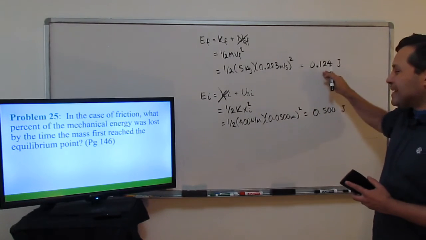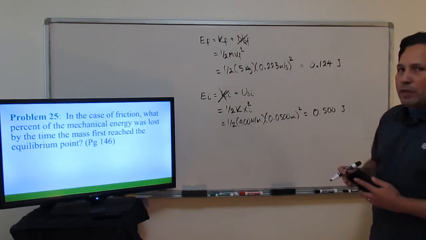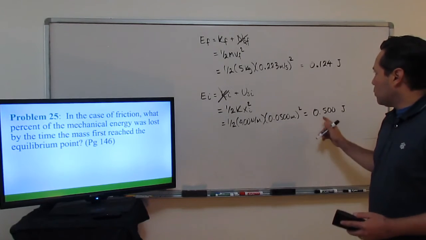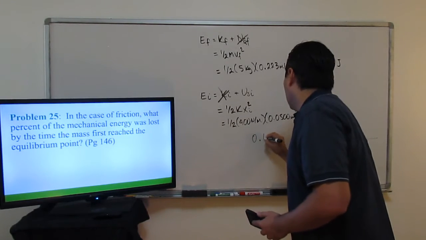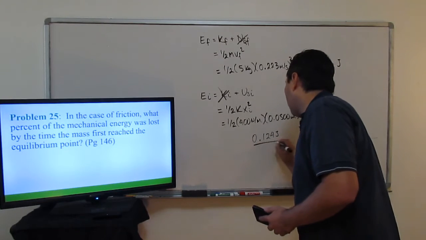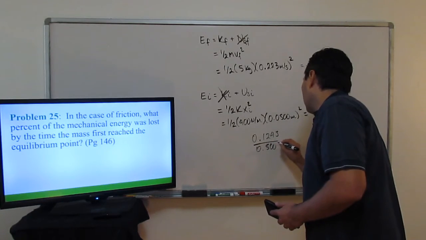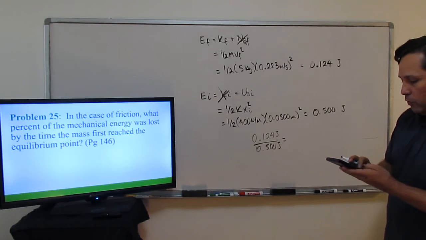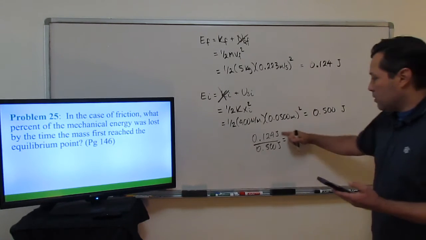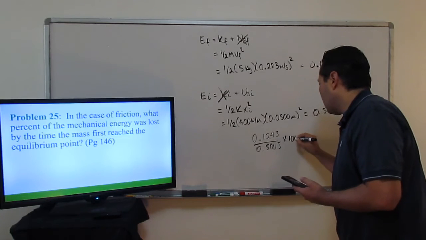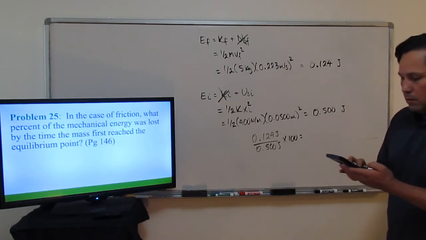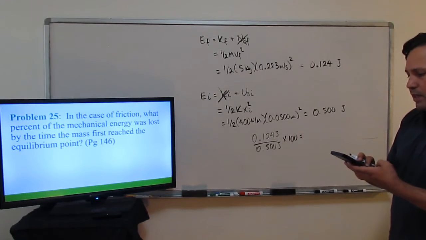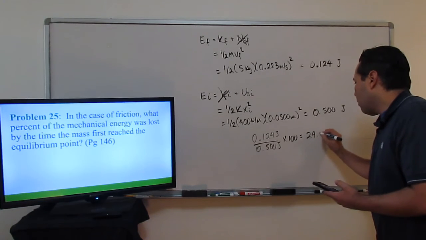Alright, so what percent is this from that? This is what remained, and that's what we started with. So it's going to be 0.124 joules over 0.5. This is how much energy was left over. So it's going to be 0.124 divided by 0.5 times 100, because we want a percent. So that gives us 24.8%.